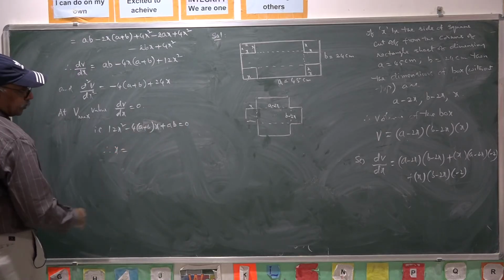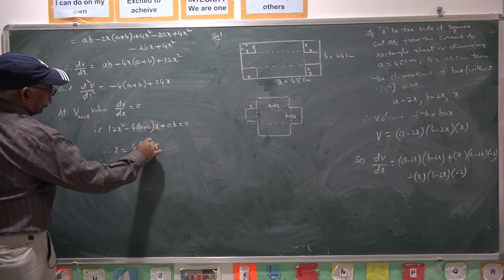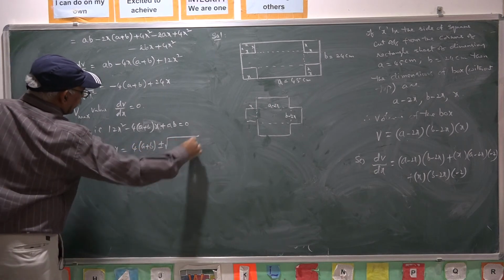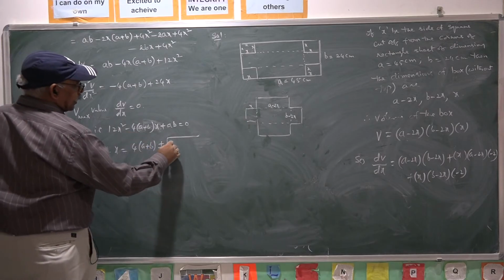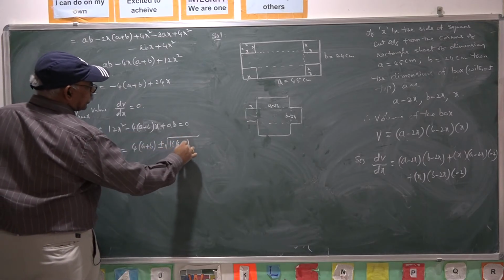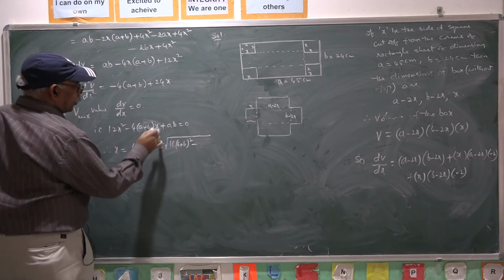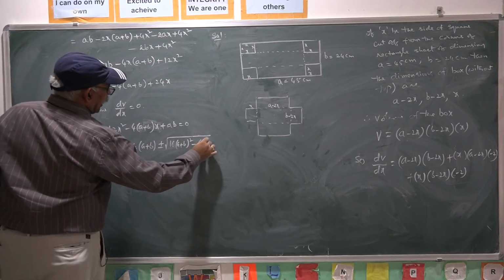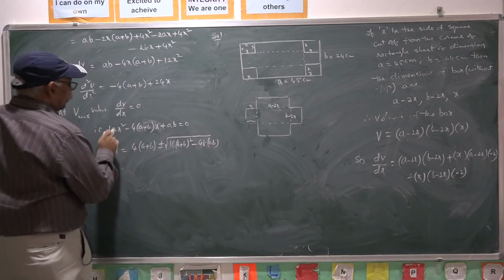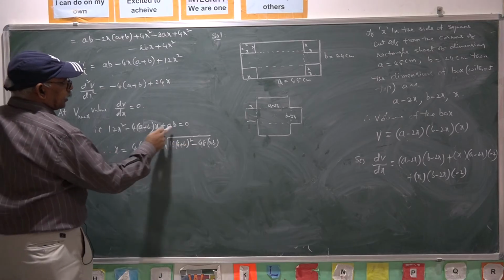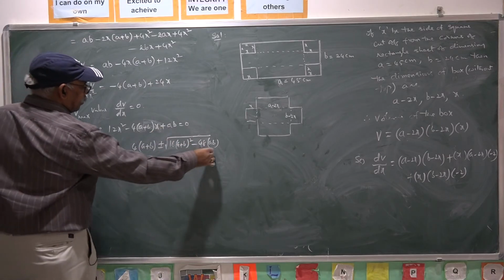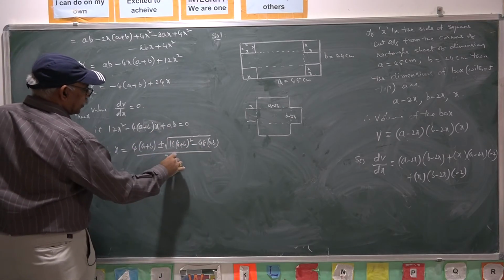Therefore, x takes the value 4 into (a plus b) plus or minus square root of 16 into (a plus b) whole square minus 4ac, that is 48 into ab, 4 into 12, 48 into c, that is ab, by 2a, 2a means 24.